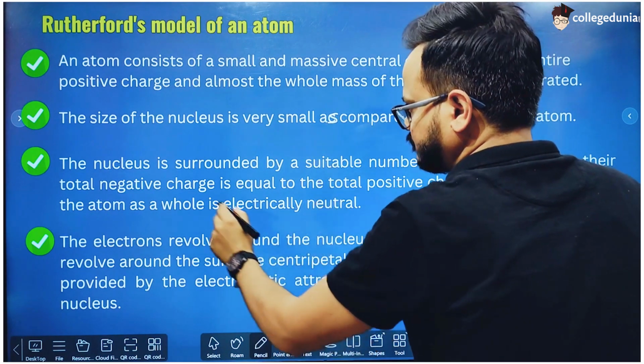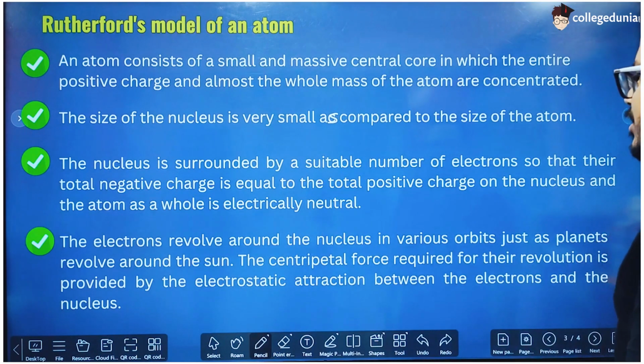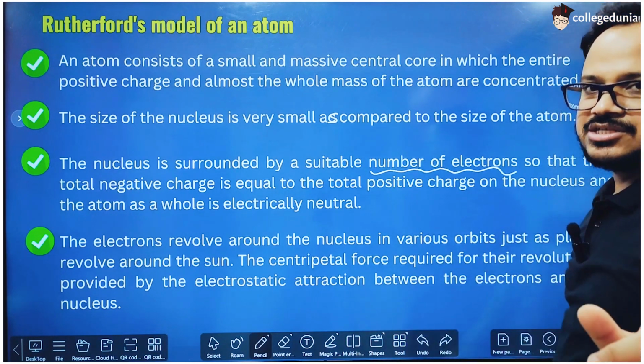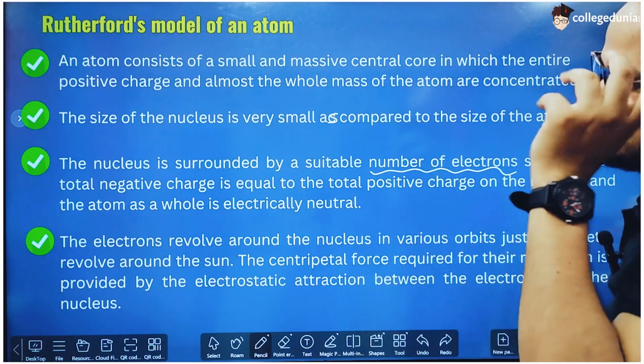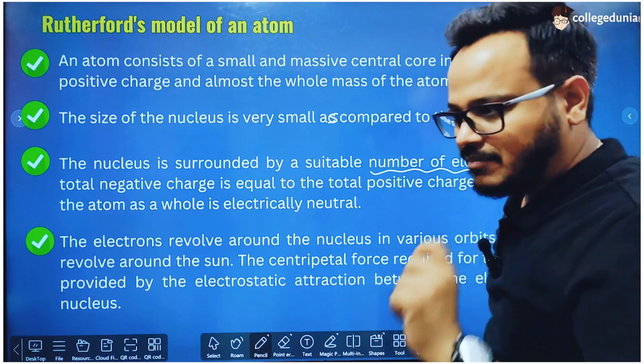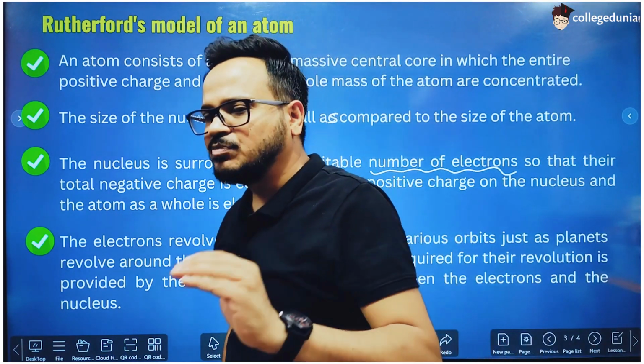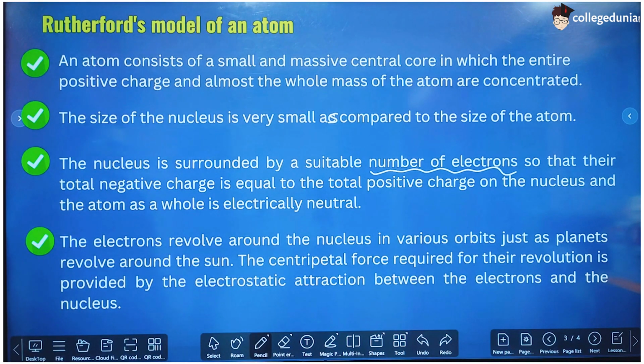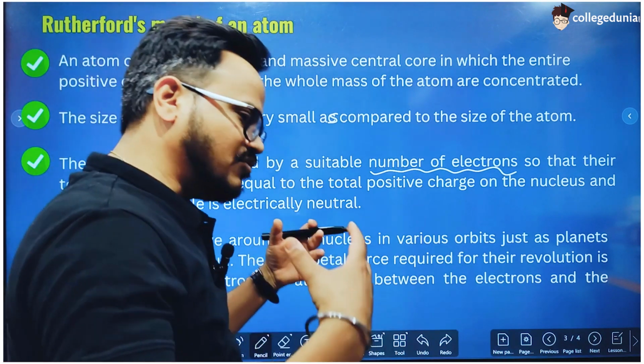The nucleus is surrounded by a suitable number of electrons. Now what about the negative charge? Since the positive charge is present in a very small region, what about the negative charge? This was proved later, but Rutherford gave a postulate about the negative charge also, which says that negative charge is carried by the electrons, which are very small.